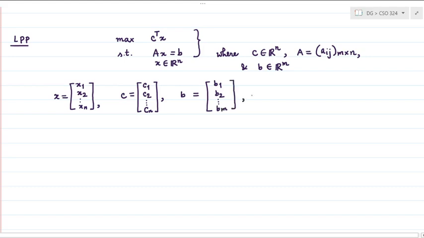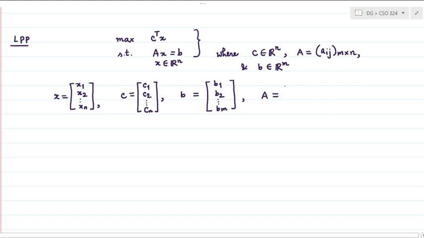The matrix A, as it is of m by n dimension, will precisely have n many columns and m many rows.